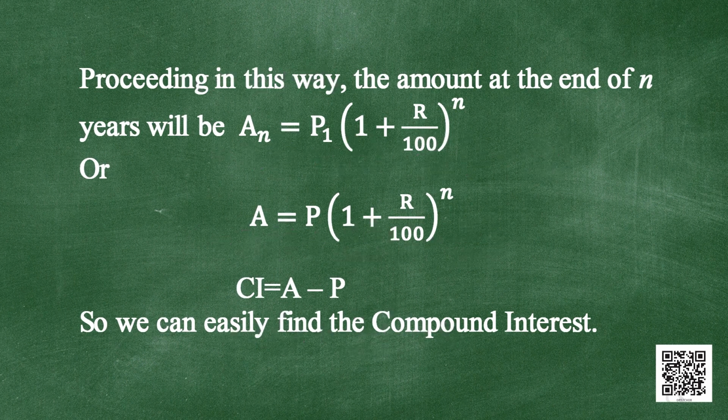So proceeding in this way, the amount at the end of the nth year will be An is equal to P1 times 1 plus R by 100 to the power of n, or we can say that A is equal to P times 1 plus R by 100 whole to the power of n, and thus we have our initial sum P and the final sum A, by which we have compound interest is equal to A minus P, where A is the final amount and P is the initial sum.